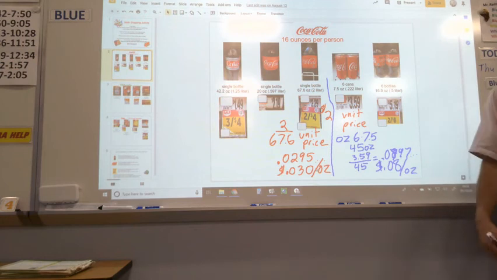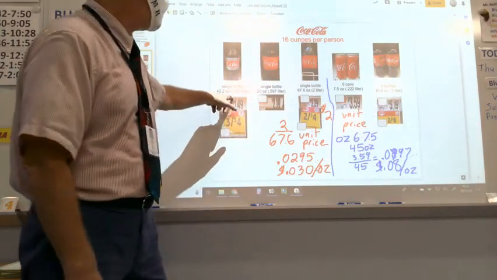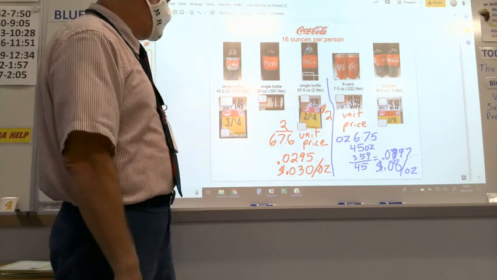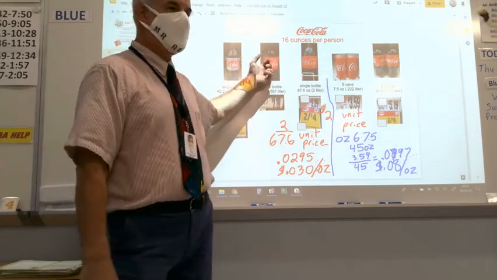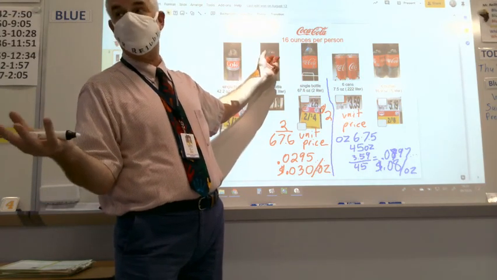The single bottle next to the 2-liter usually costs out more expensive, because this is the single bottle you get in the refrigerator at the supermarket, which is always going to be way more expensive.